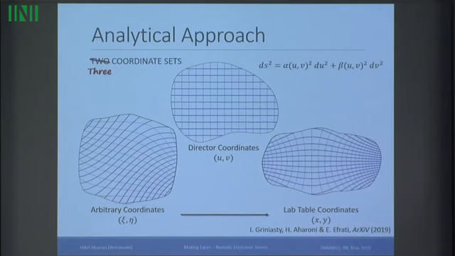Now, this could be thought of as the metric tensor, for example, of the plane, the lab table that we're making. We have some factors alpha and beta which relate the changes in U and V to this metric.